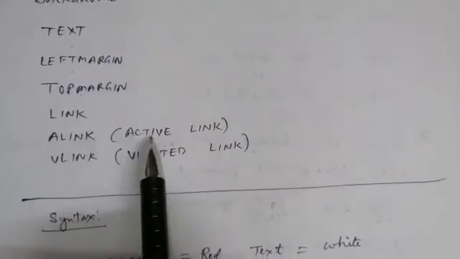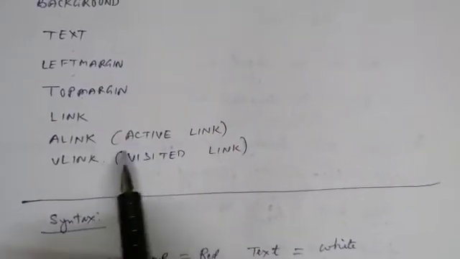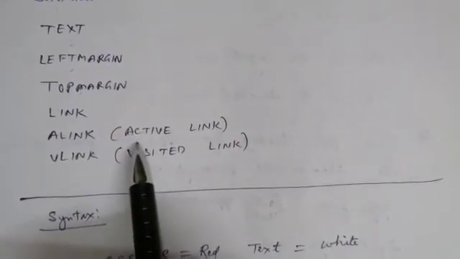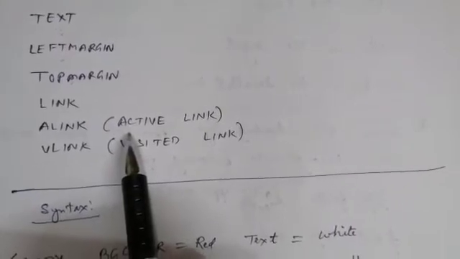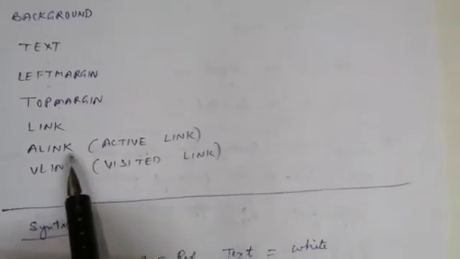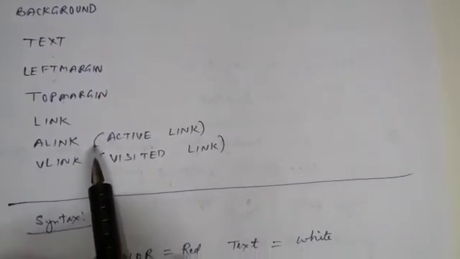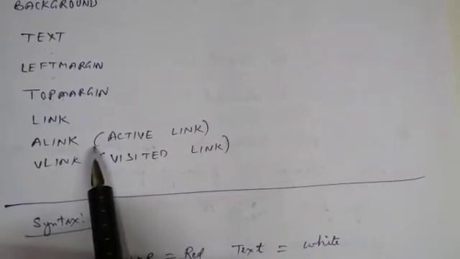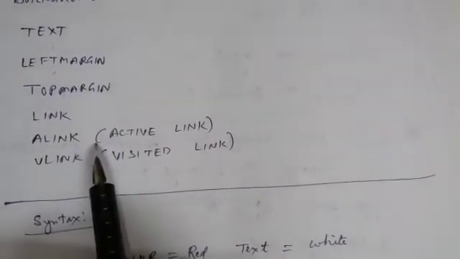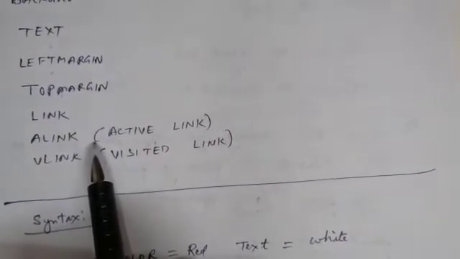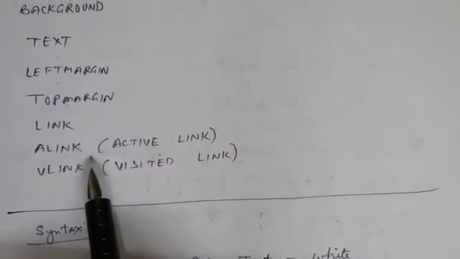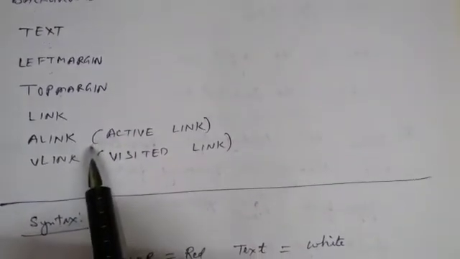alink is active link. It is also asked what the full form of alink is. alink is active link, and vlink is visited link. So alink means active link color. Whenever you click on the hyperlink text, what will the color become?